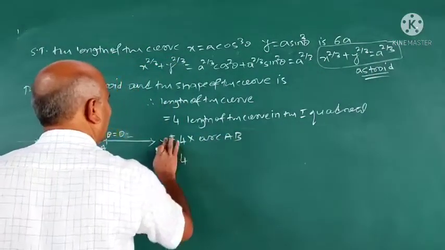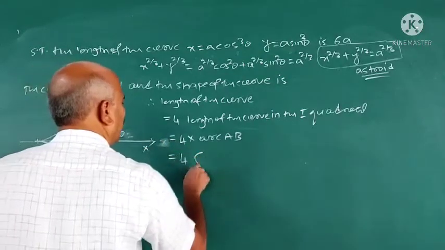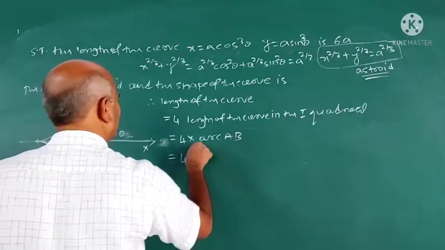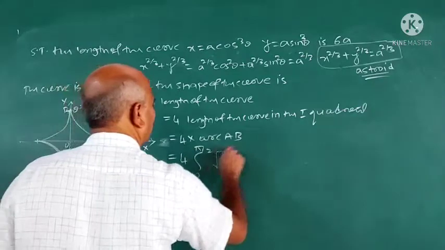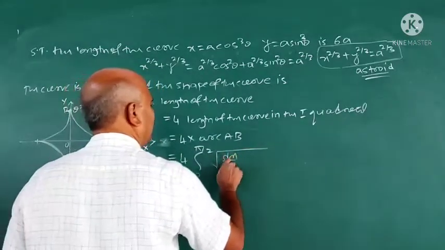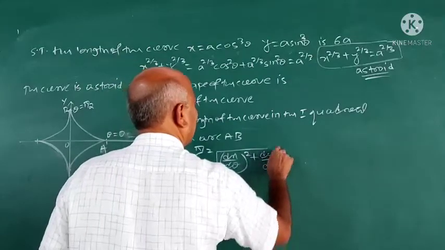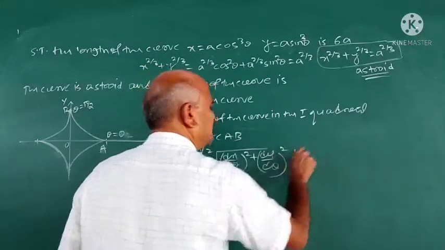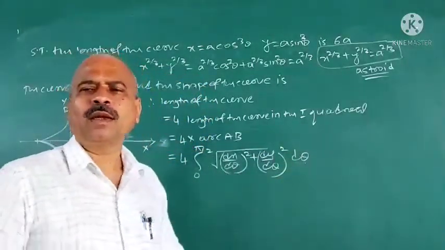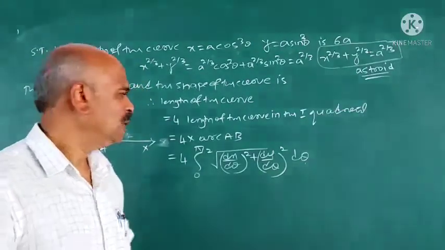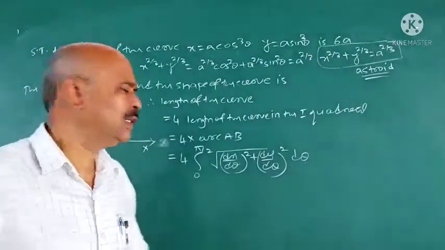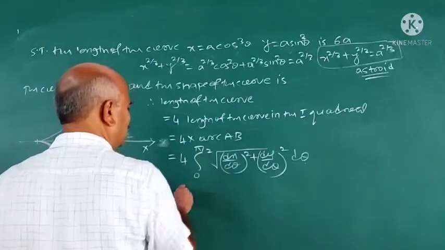For this arc AB, theta varies from 0 to pi by 2. What is the formula? Integral of root dx by d theta square plus dy by d theta square with respect to theta. This is the formula for parametric curves, with limits 0 to pi by 2.